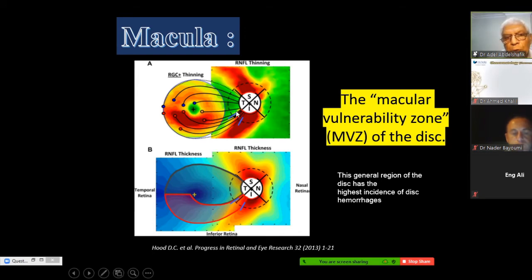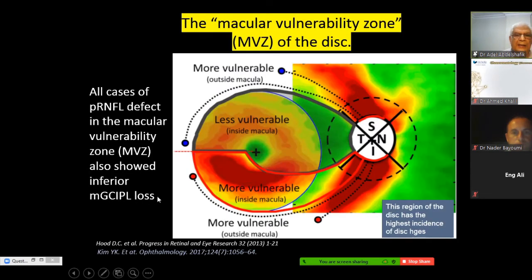And they call this part the macular vulnerability zone of the disc. So if you have changes in it, consider most probably you have changes as well here in the macula. And they say that this location is a very common location for the occurrence of disc hemorrhage.